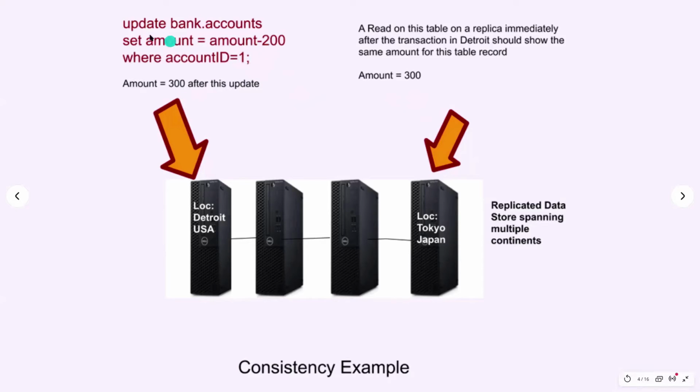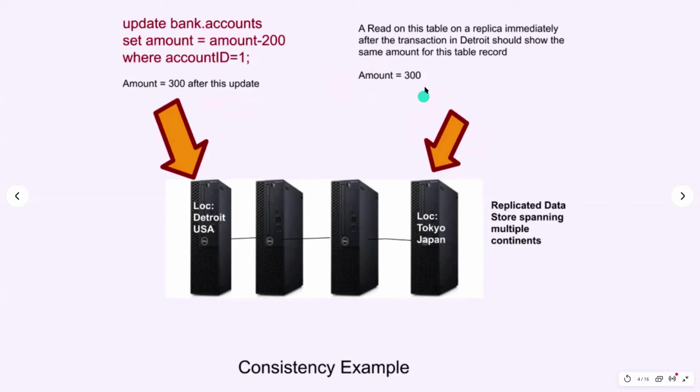So once this transaction finishes, if it is showing 300 on this Detroit-based server, then if a client connects to the Tokyo-based server and tries to find out your account balance, in the next instant, within a fraction of a second, it should show them 300 only and not 500, even though they are on different continents altogether.